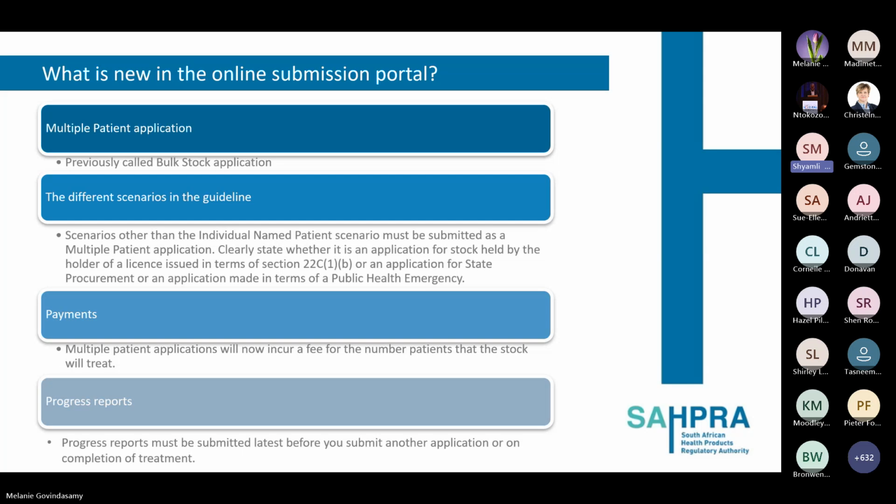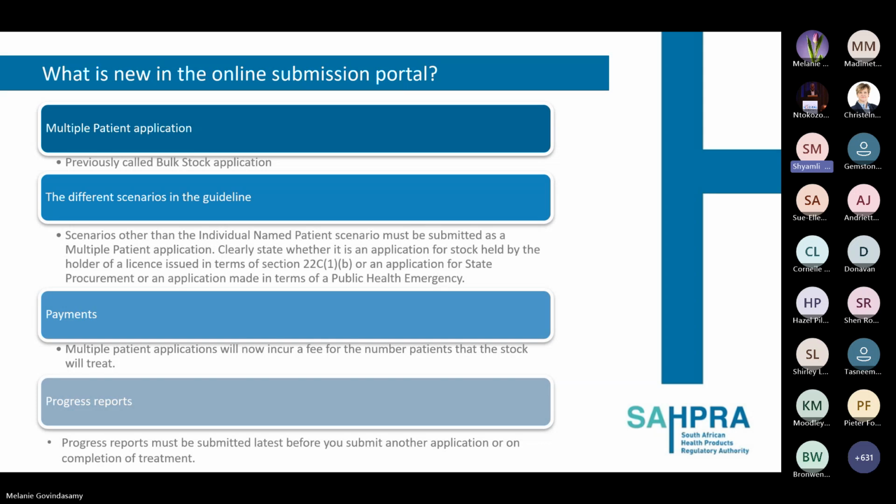Okay, just a few highlights. I'm going to go through this quickly, but let me talk about progress report submission. In previous systems, we didn't have much in terms of submitting progress reports, but we found that we really need to look at treatment outcomes of unregistered medicines.